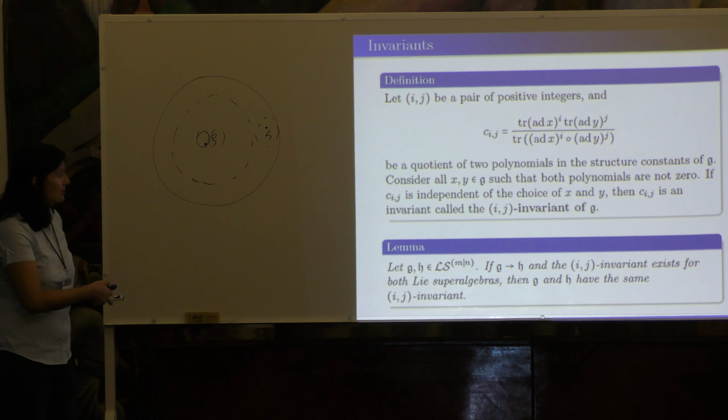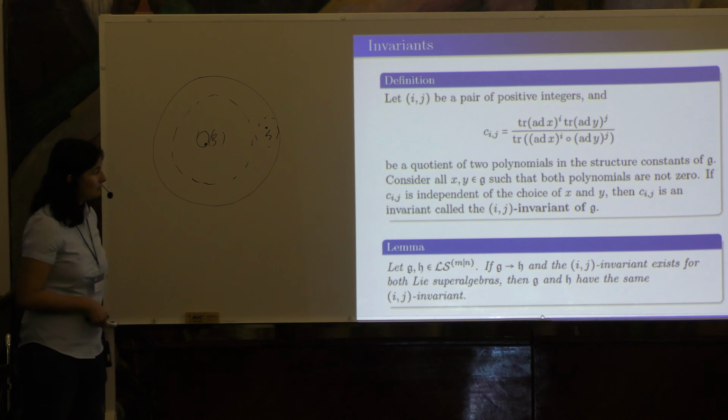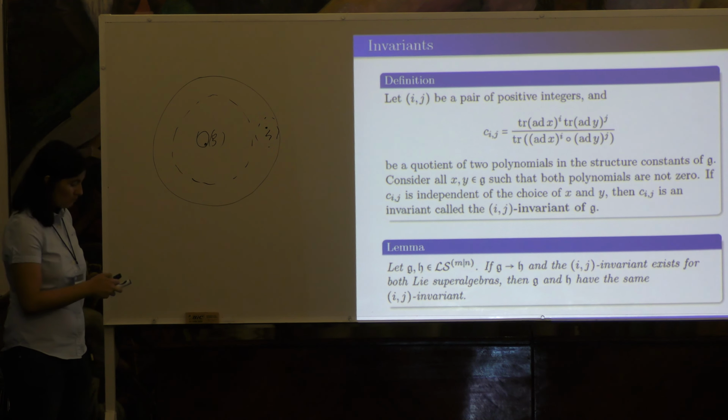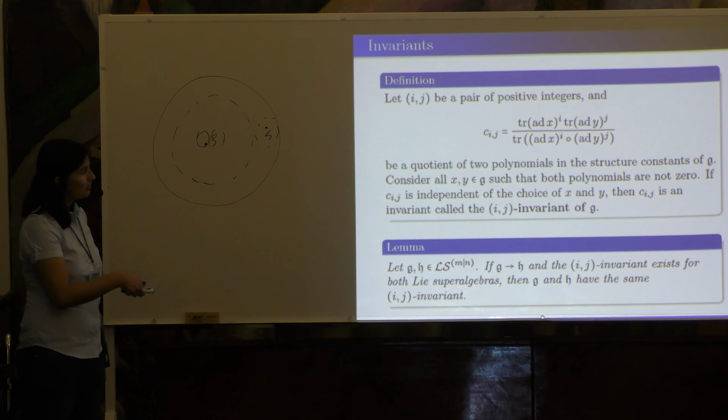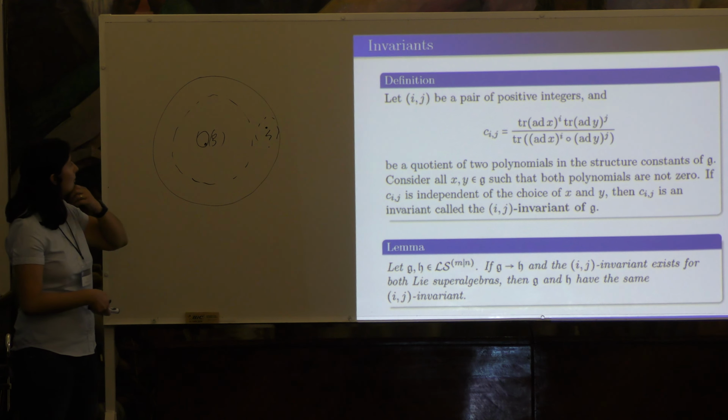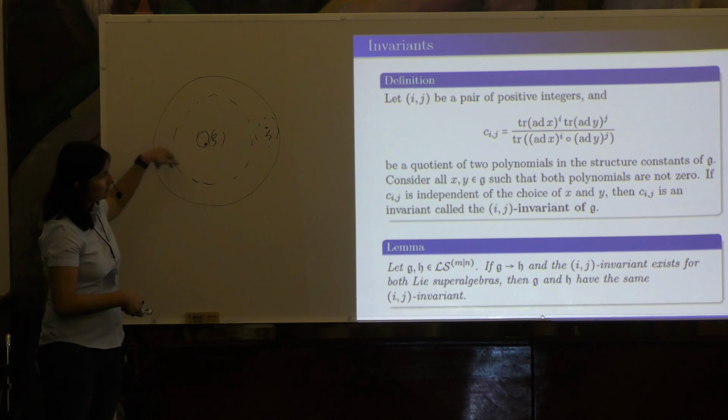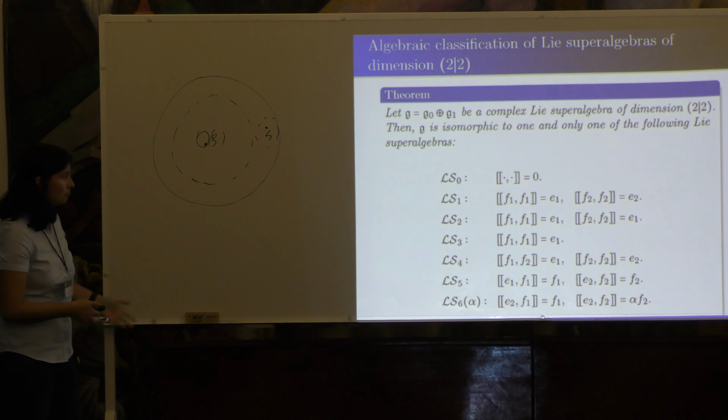It turns out that if G degenerates to H and the IJ invariant exists for both Lie superalgebras, then the two Lie superalgebras have the same invariant. So with all this, we could discard possible degenerations.